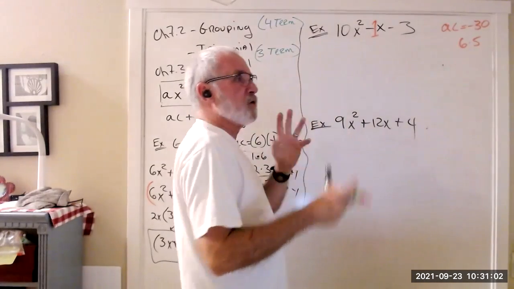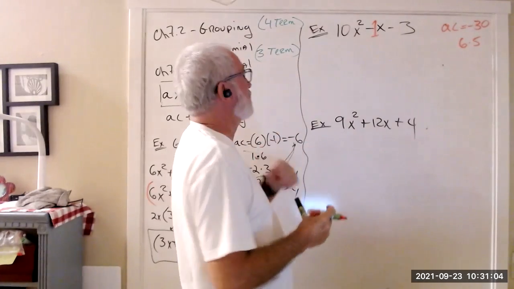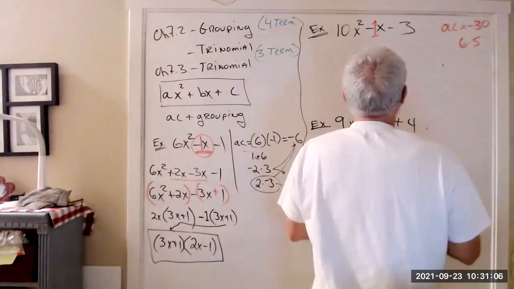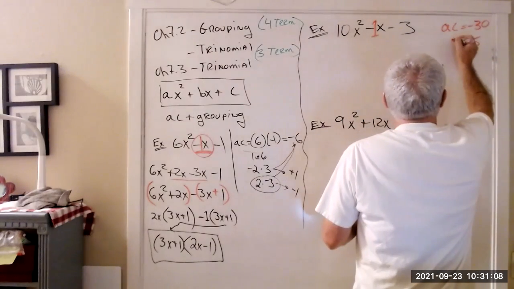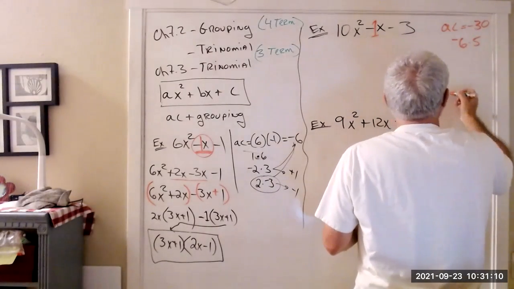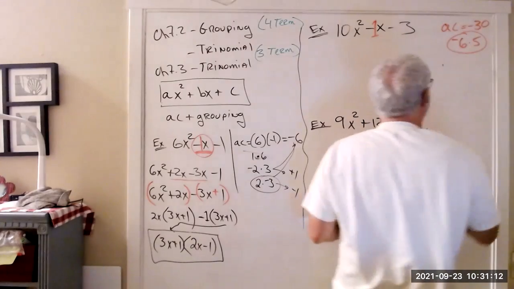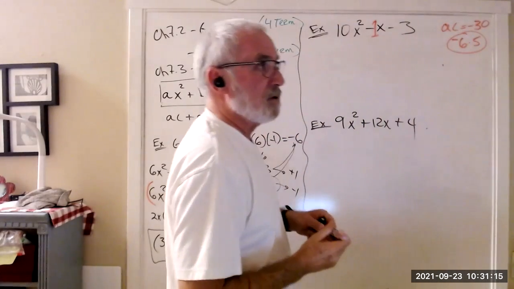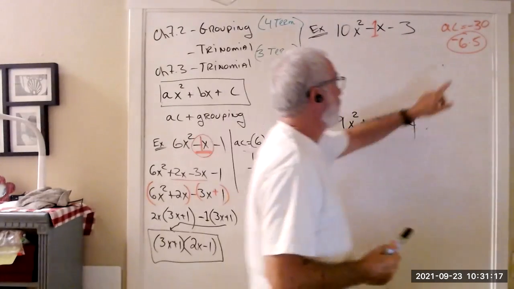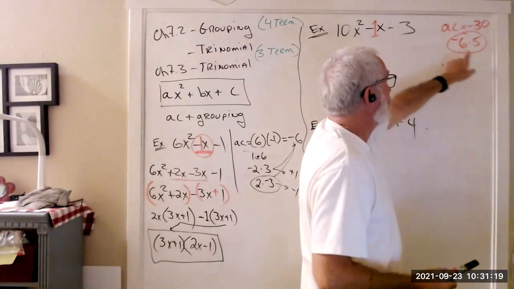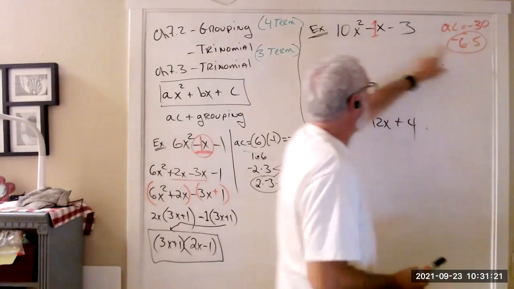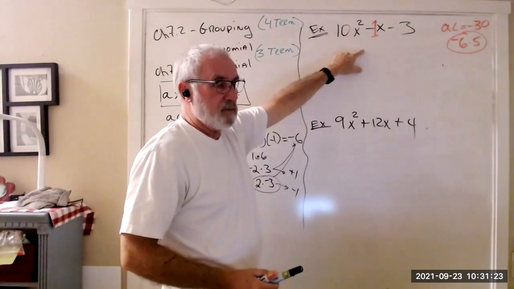Okay, but we've got to adjust for the sign, for the positiveness and negativeness. So I think we want -6 times 5. -6 times 5 is -30. That's the AC. -6 plus 5 is -1.